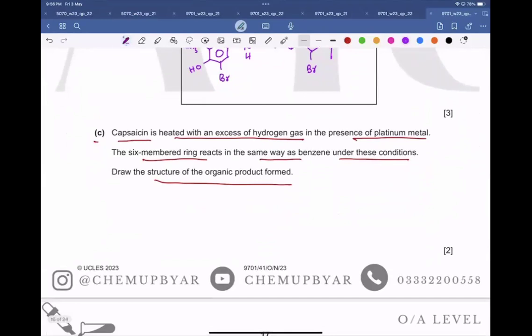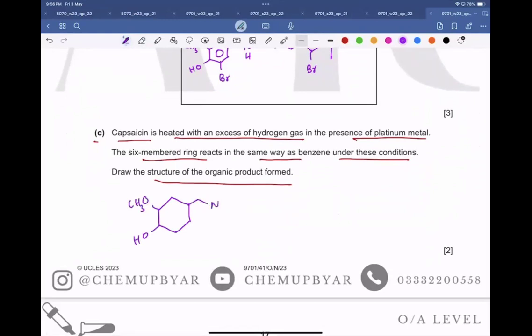As they have given you the reference with the benzene ring, in the benzene ring, it will happen like this: the pi system gets disturbed, and all the pi bonds get removed, and we get a hydrogen bonded to each carbon of the benzene ring. So it would be like this.